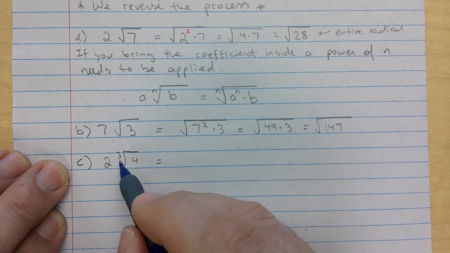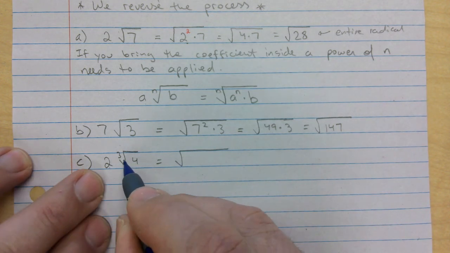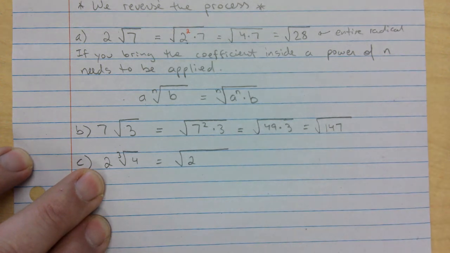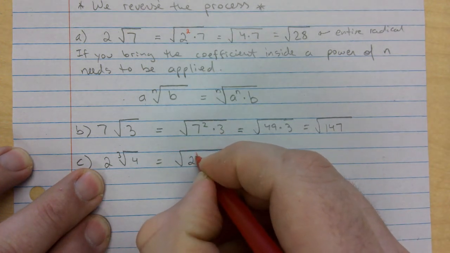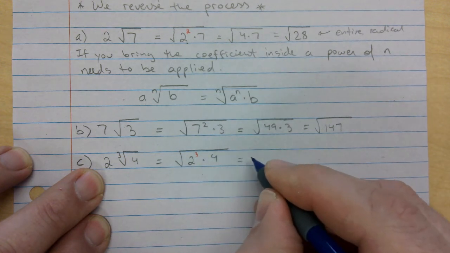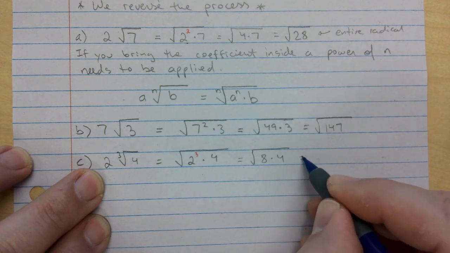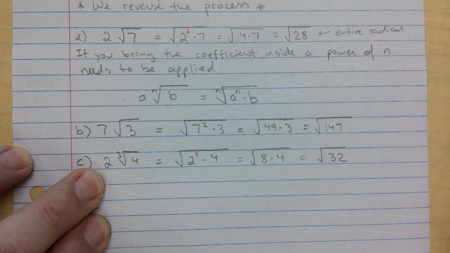So the index is 3 here. So to bring this 2 inside, we would go 2 to the power of 3, and we multiply that by 4. And that ends up being 2 to the power 3 is 8 times 4, and that is cube root of 32.